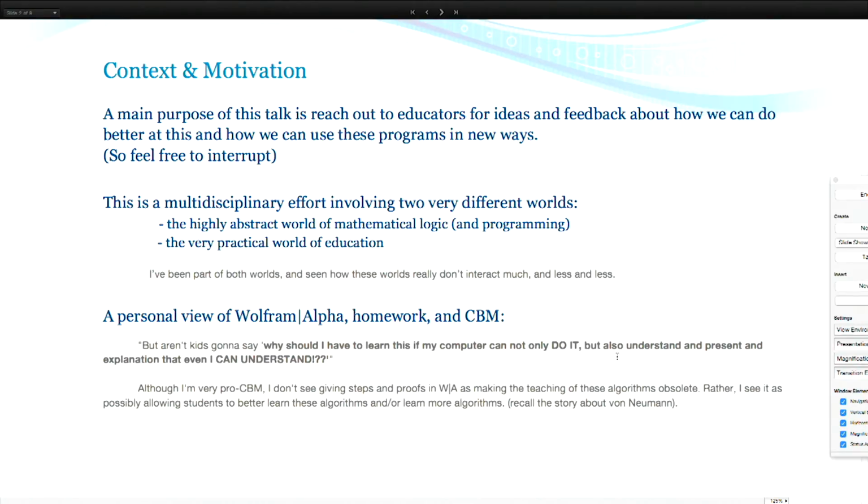So I see it as something like that. By presenting these algorithms for students in a step-by-step way automatically, we're allowing them to learn better, learn faster these algorithms and get a better sense of what's possible.